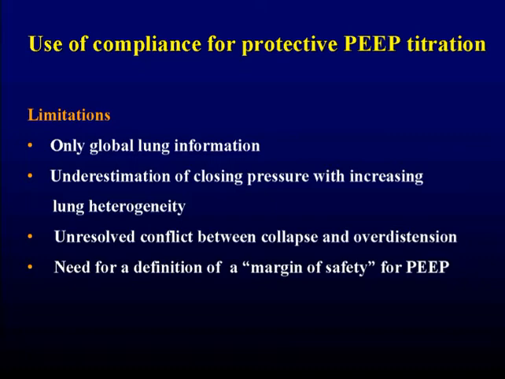There's an unresolved conflict between collapse and overdistension when analyzing the decremental trial of PEEP titration and dynamic compliance measurement. And there's a need for a definition of a margin of safety for PEEP in those patients where dynamic compliance is not matching with oxygenation.